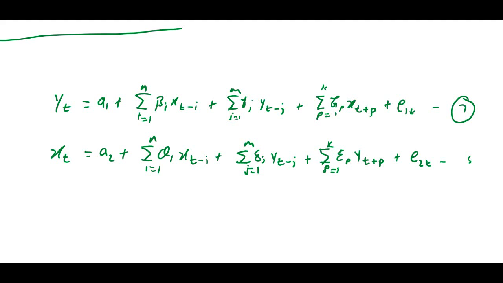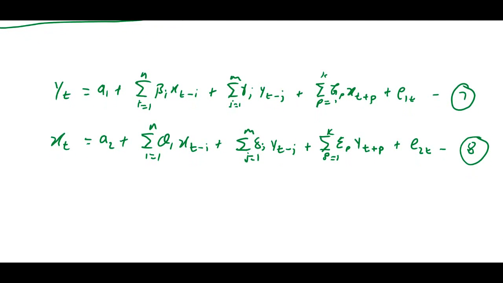So this becomes our equation 8. This is the Sims causality equation, the basic equation with the addition of the lead value.